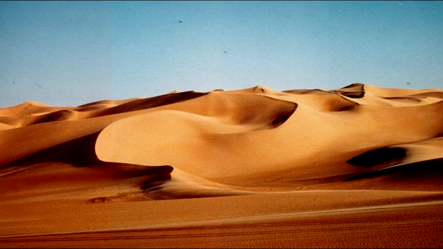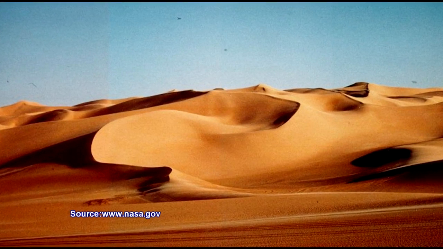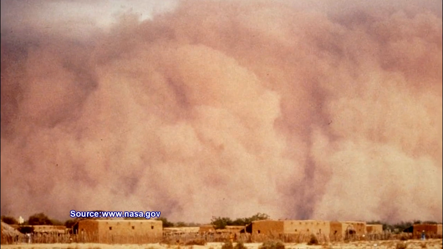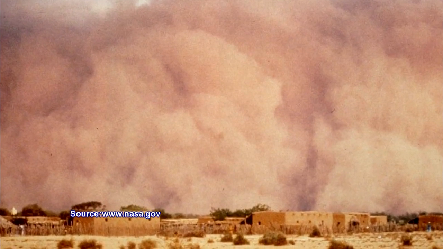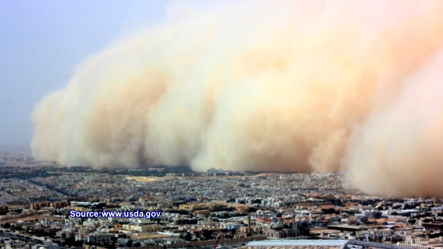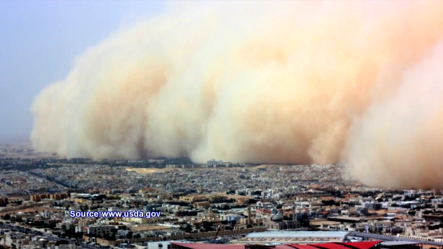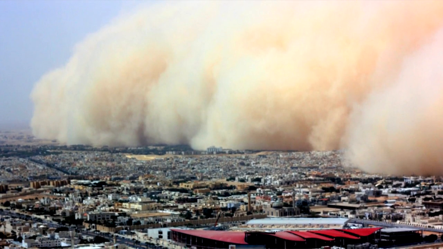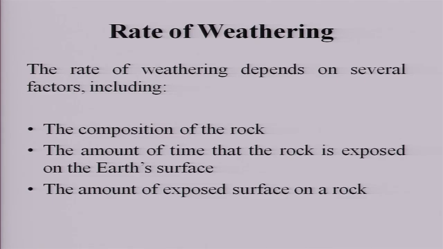Wind erosion occurs in those areas where there is less rainfall and dry conditions. Wind is very active because vegetation is less there in those areas, and they can carry a huge amount of dust, the sand particles and other material from one area to another, and all these processes I explained are erosional processes in which the material is transported from one area to another.